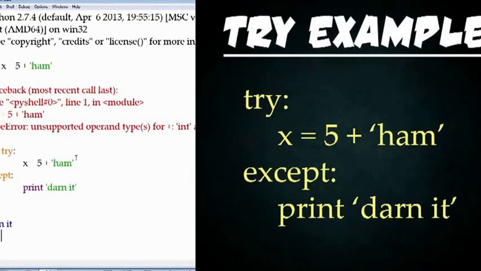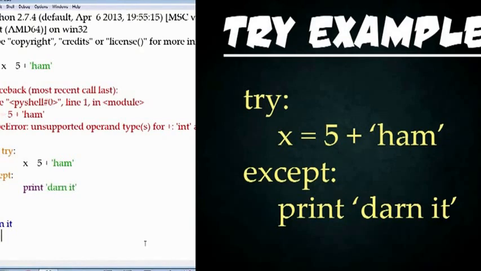Enter, and now it prints it without any error being popped up or interrupting our code. So this is extremely useful if you're writing scripts and you want to catch anything that could possibly break your code and spit out any message for the user or for debugging.